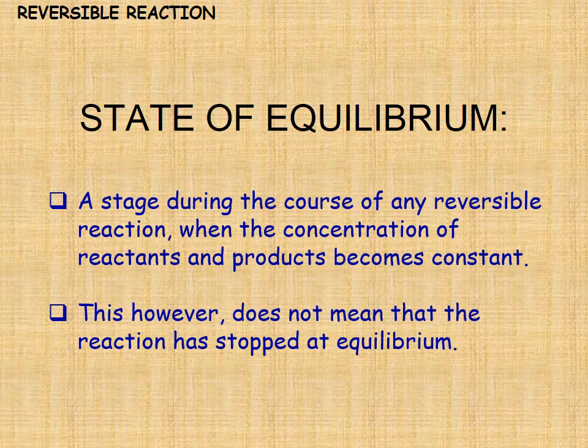During the course of any reversible reaction, a stage is reached when the concentrations of reactants and products become constant. This state is called a state of equilibrium. This, however, does not mean that the reaction has stopped at equilibrium.